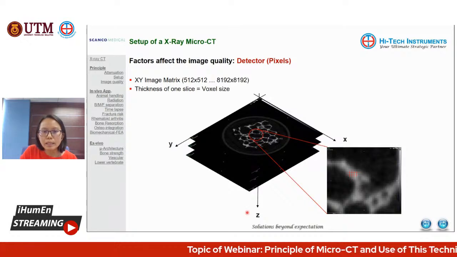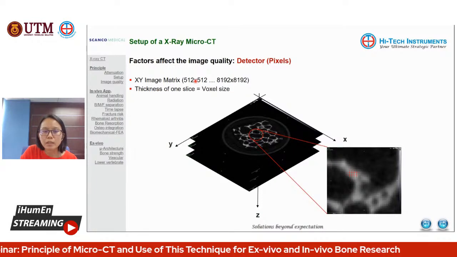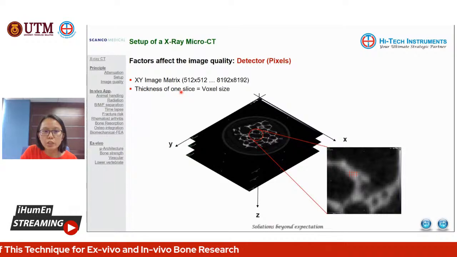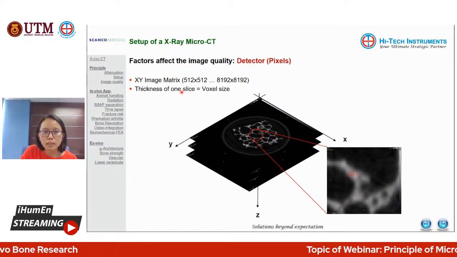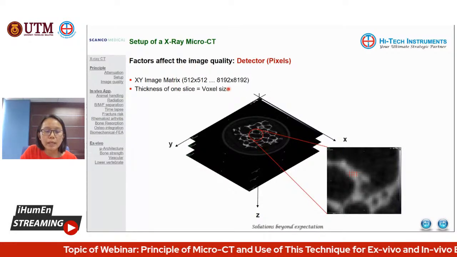And this pixelation here is adjustable when we select the matrix. For most scanners, we are given a range of image matrices that we can select. For example, here we can select from a range of 512 up to 8K by 8K.